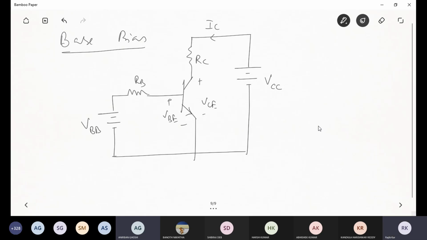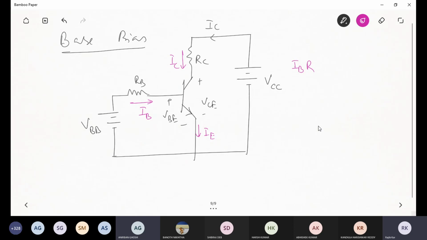This will be the base bias arrangement. If you take this input loop, this is IB into RB. So this will be IB, this will be IC, and purposefully I have assumed that there is no emitter resistor, otherwise the calculation will be a bit difficult.